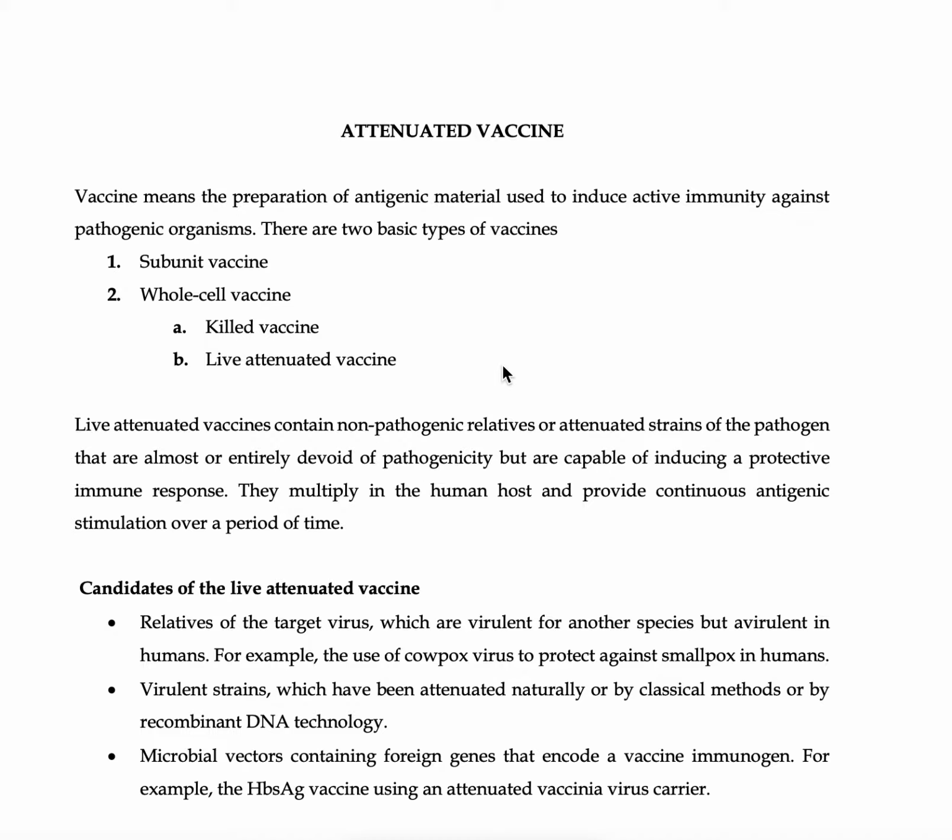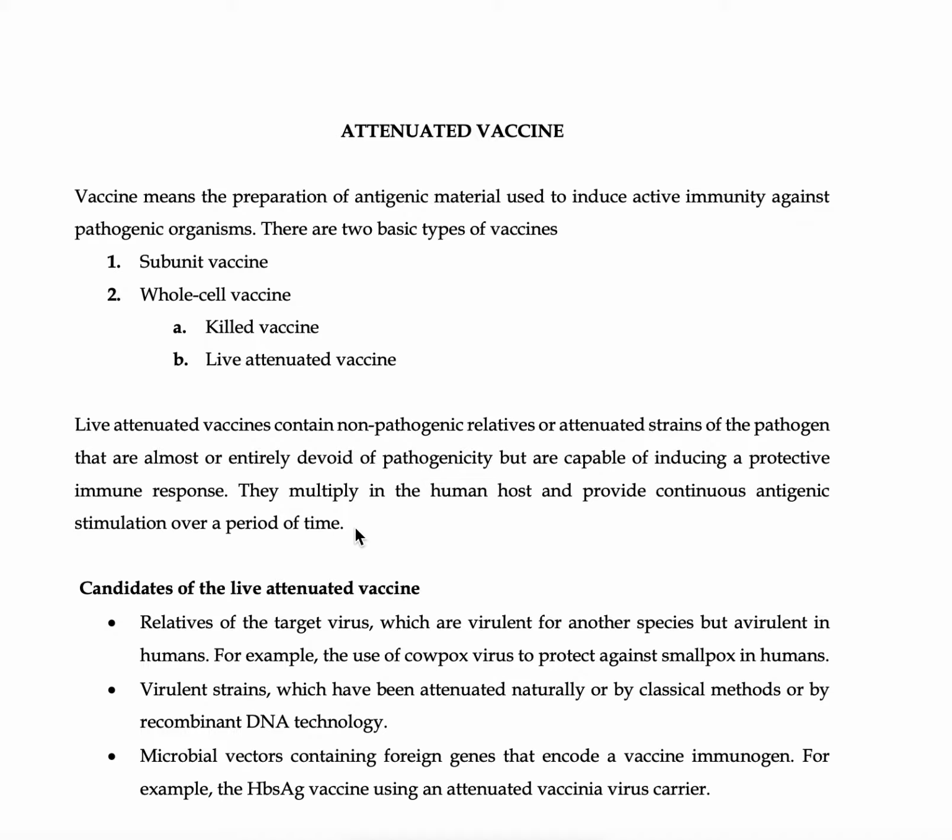Okay, so the live attenuated vaccines contain non-pathogenic relatives or attenuated strains of the pathogen, which are almost or entirely devoid of pathogenicity but are capable of inducing a protective immune response. That means the microorganisms that we use as live attenuated vaccines don't have pathogenicity.